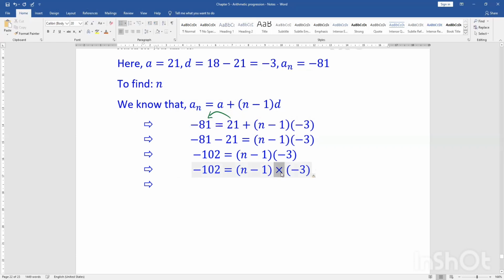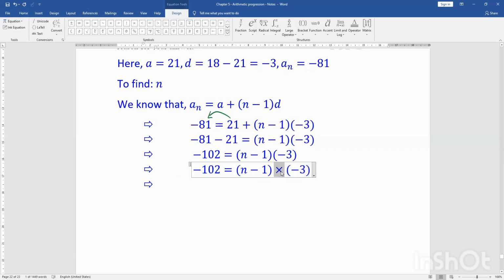You should note one thing: the opposite of multiplication is division. Opposite of addition is subtraction. Similarly, opposite of subtraction is addition. Opposite of division is multiplication. So now we have multiplication.